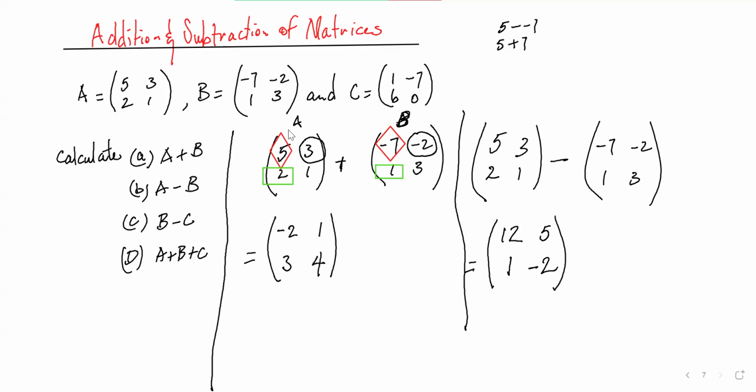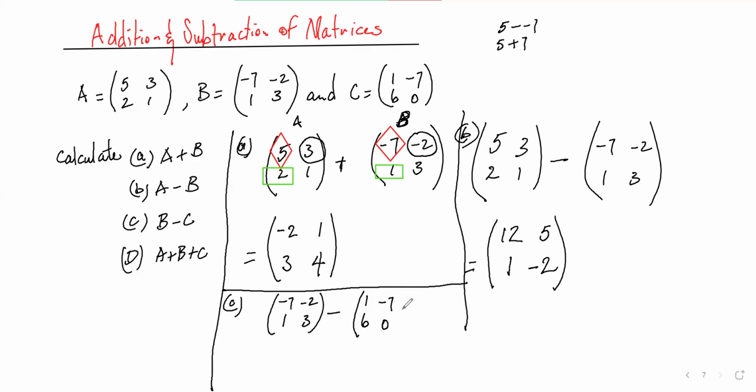The B minus C. So the first part was A plus B. This was A. The next one was B. I want part C. Part C is B, -7 and 1, -2 and 3, minus C, which is 1, 6, -7, 0.